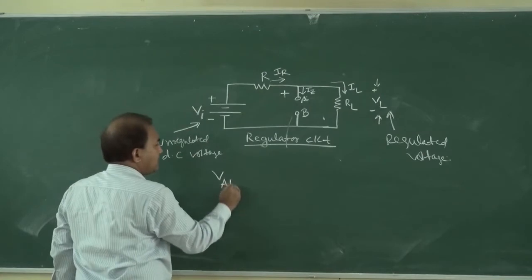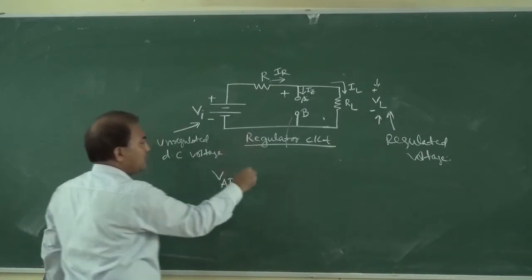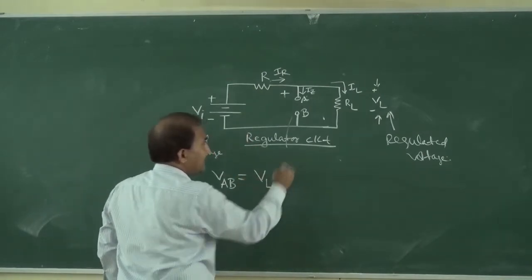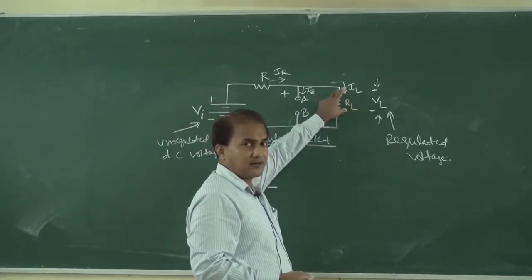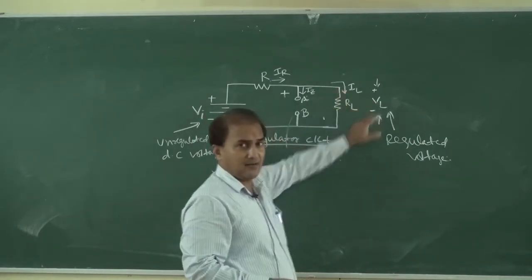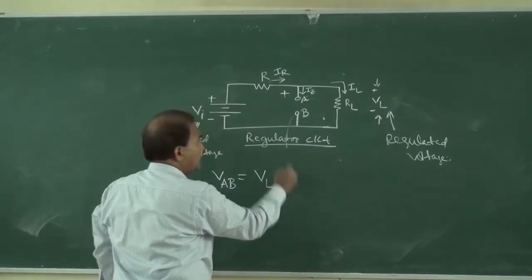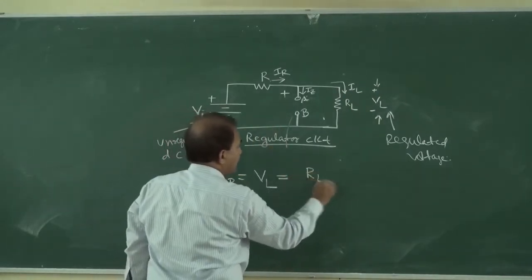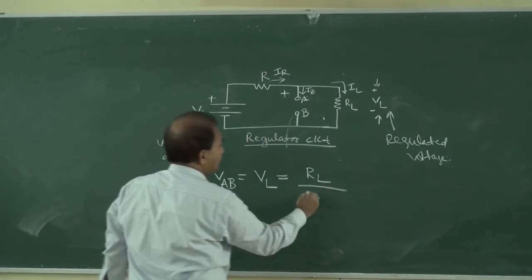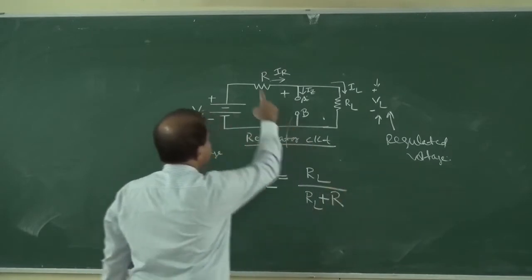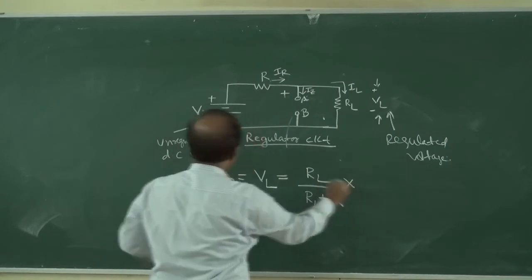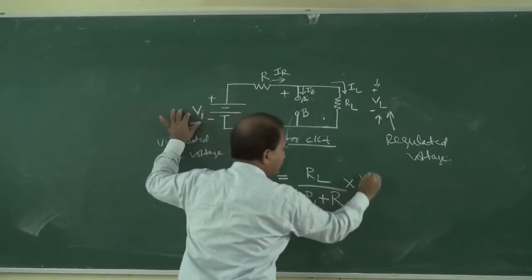So the voltage across AB is equal to the voltage across RL, and the voltage across RL is equal to VL. So it is equal to RL divided by RL plus R, into this VI.